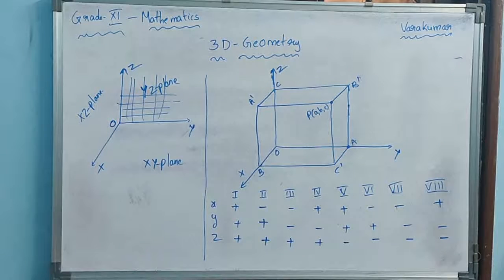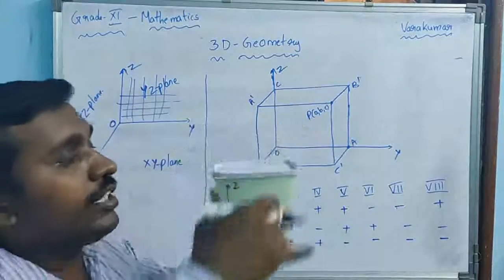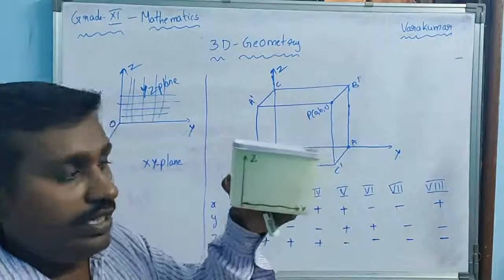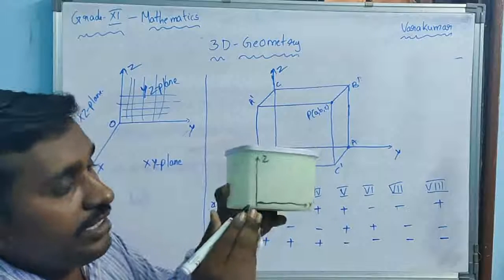Okay, if you see here on the board, it's a three-dimensional system with the y, z and x axes. This is the x axis.